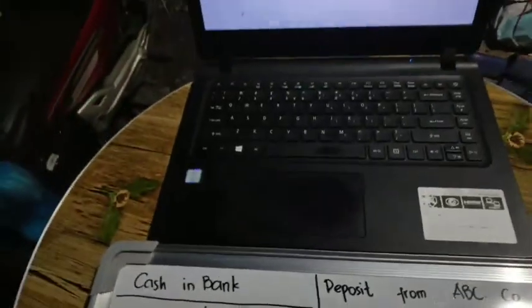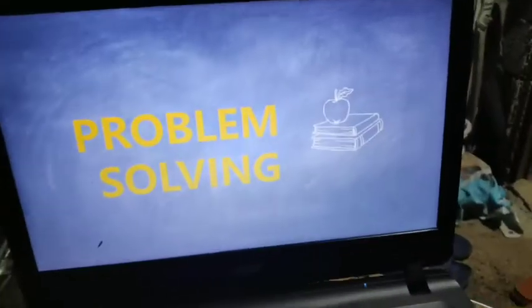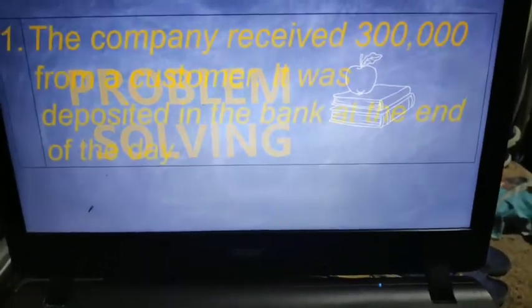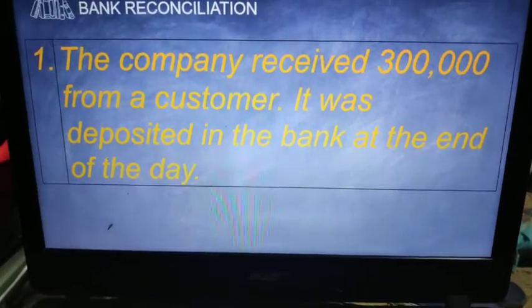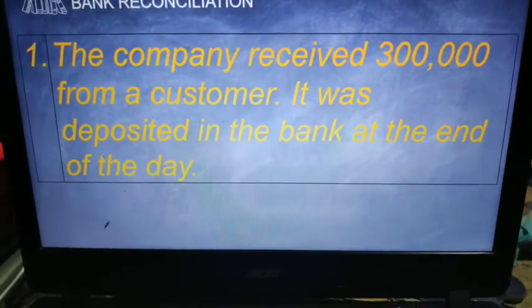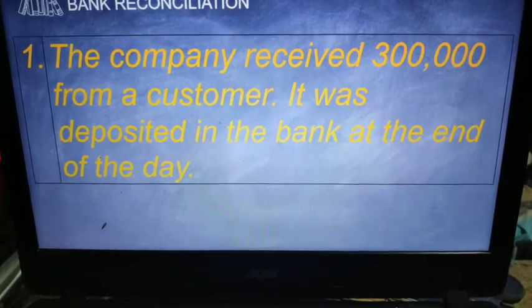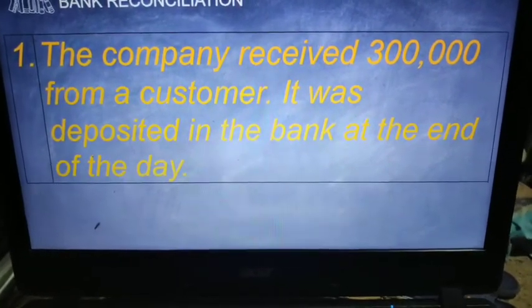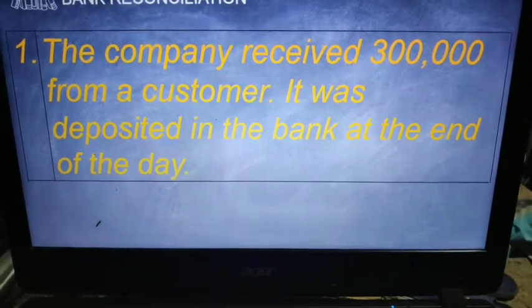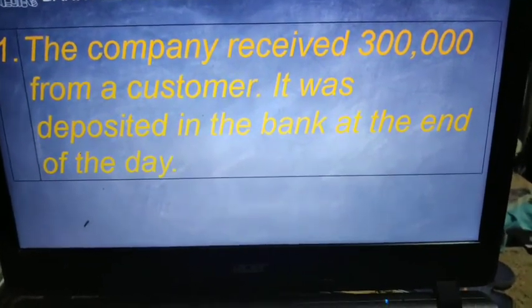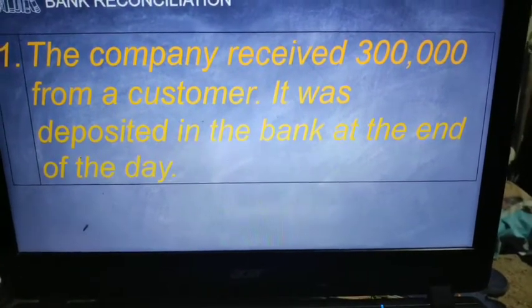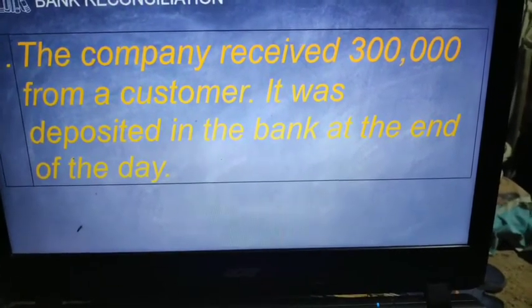Okay. For this problem, the first problem is the company received 300,000 from a customer. It was deposited in the bank at the end of the day. As you notice, the company has received money from its customer, which is maybe for services rendered.